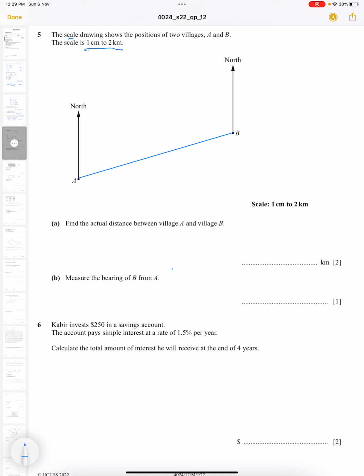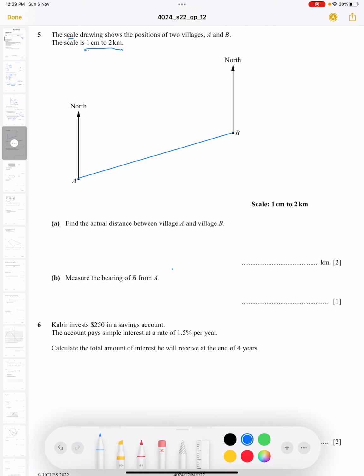Now let's find this distance by using the ruler in centimeters. So this distance, from my ruler, as I am counting from here, 1 2 3 4 5 6 7 8 9, and it's approximately 9.1 centimeters.